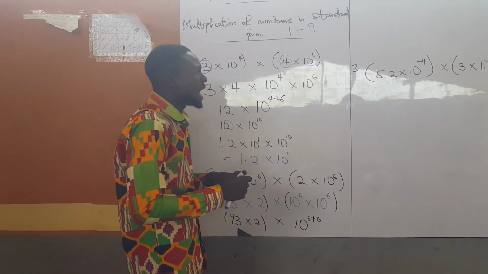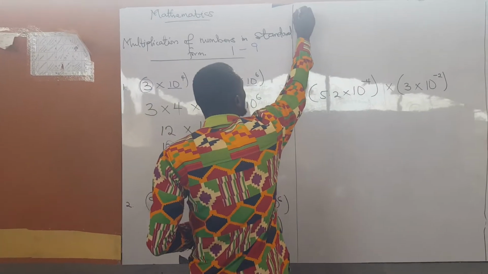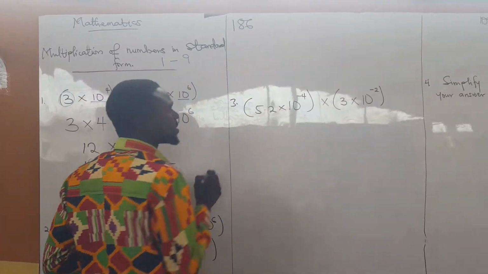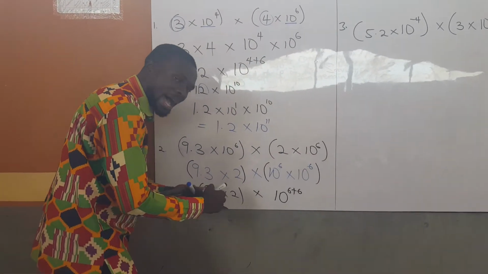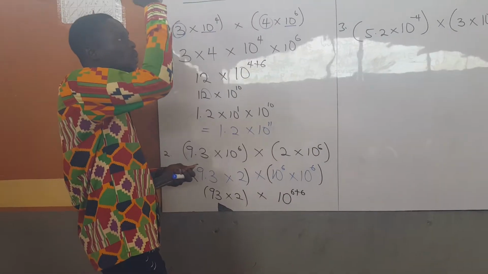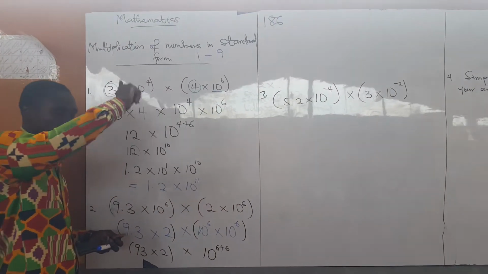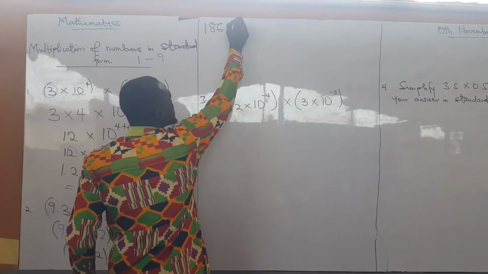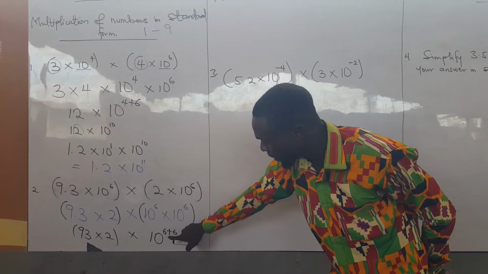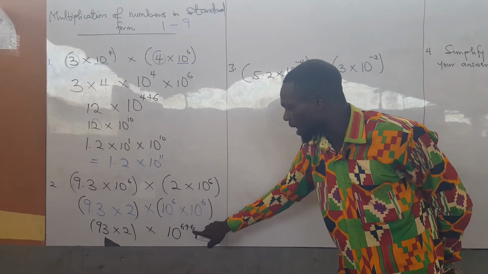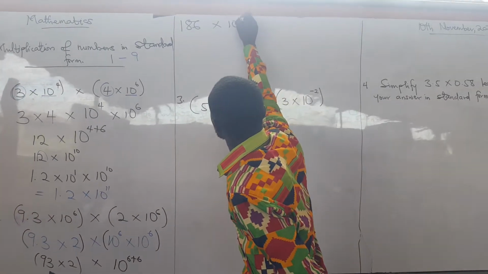And 93 times 2 is going to give us 186. After multiplying 93 by 2, we are going to get 186 times 10 raised to the power 6 plus 6. And 6 plus 6 is going to give us 12.